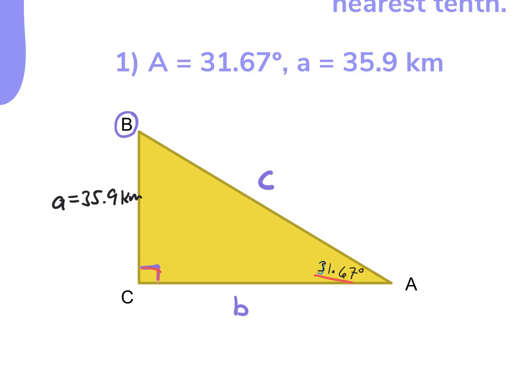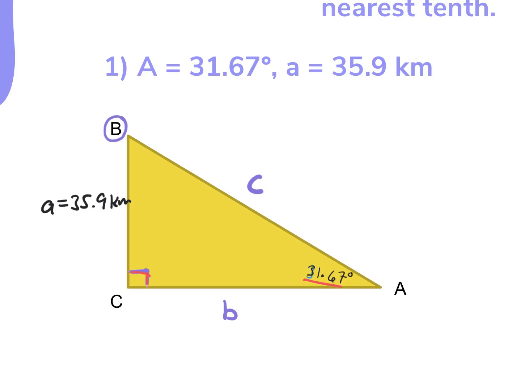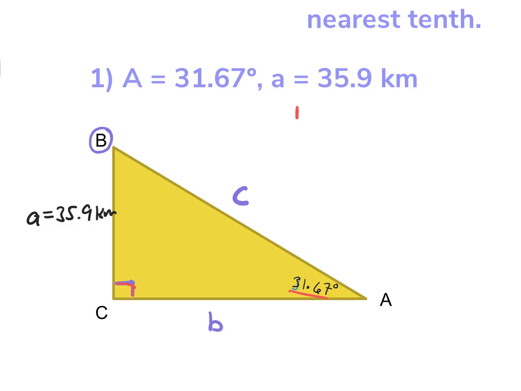So to find angle B, I'm going to do 180 minus 90, and then minus angle A that we're given. All right, so use your calculator. What does that get you for angle B? Good, right? 58.33 degrees.